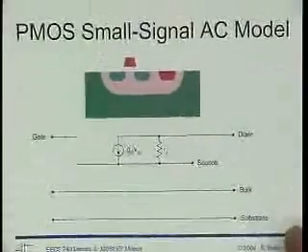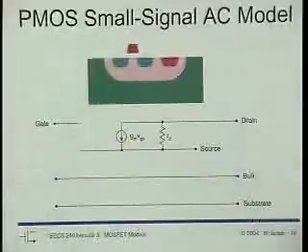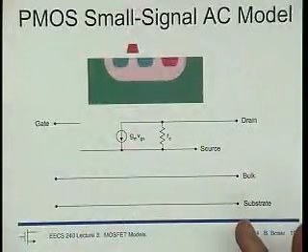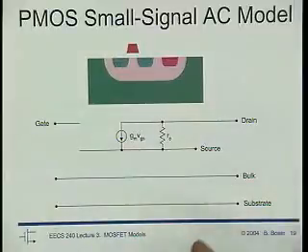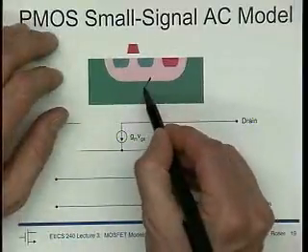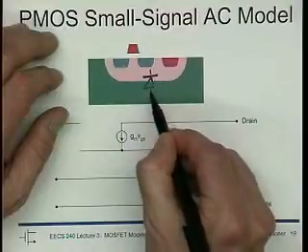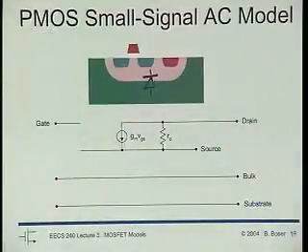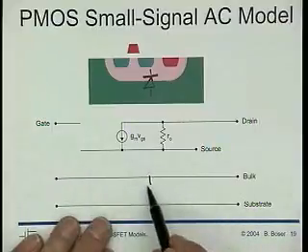Now, I've mentioned before that PMOS transistors in our process are really 5-terminal devices. So it's everything we had, but there is one additional thing, and that's this diode between the well and the substrate. And so we have an additional capacitance here.